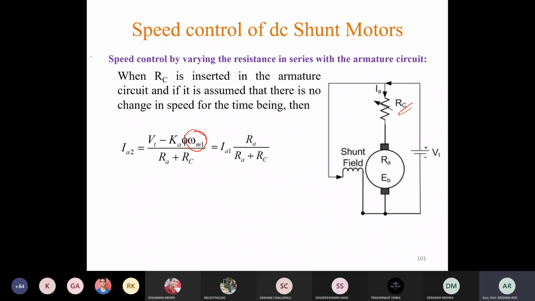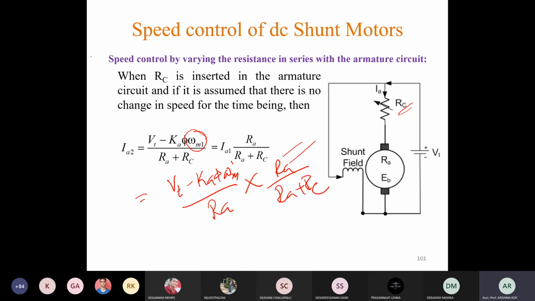Now we know that (Vt minus K phi omega m1) divided by Ra is actually Ia1. So we can rearrange this expression. This is basically equal to (Vt minus K phi omega m1) by Ra into Ra by (Ra plus Rc). So this is basically Ia1. So we can write this equal to Ia1 into Ra by (Ra plus Rc), isn't it?